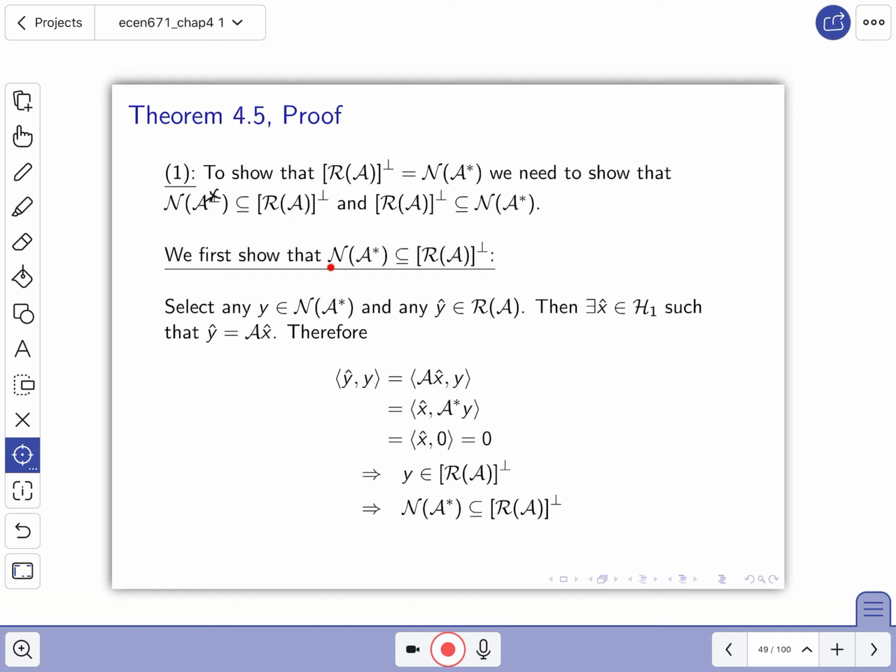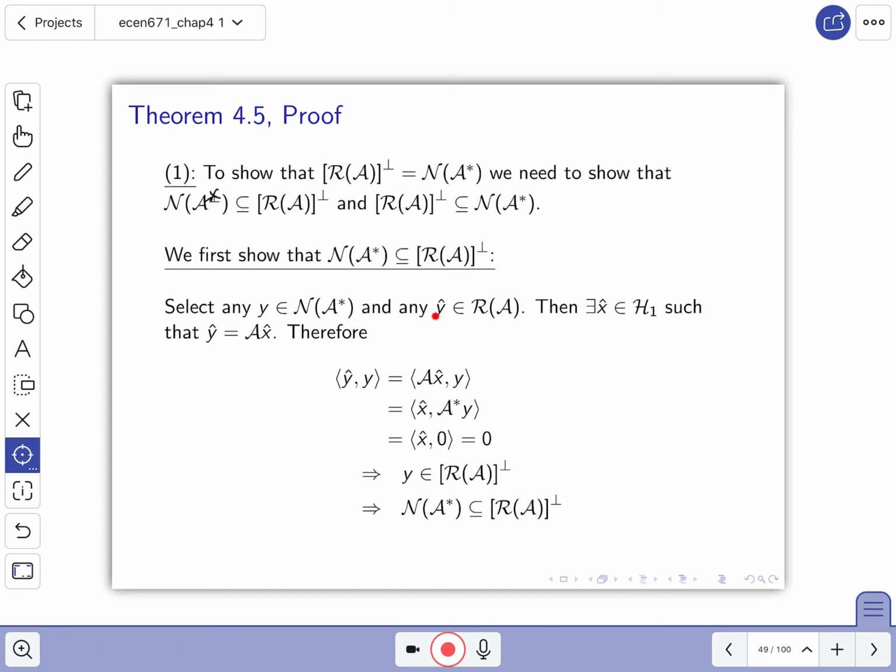So to show that the null space of A star is contained in the space that is orthogonal to the range space of A, we need to show that if we pick something arbitrary inside of here, that it's also inside of there. So let's go ahead and select Y to be any element of the null space of A star.